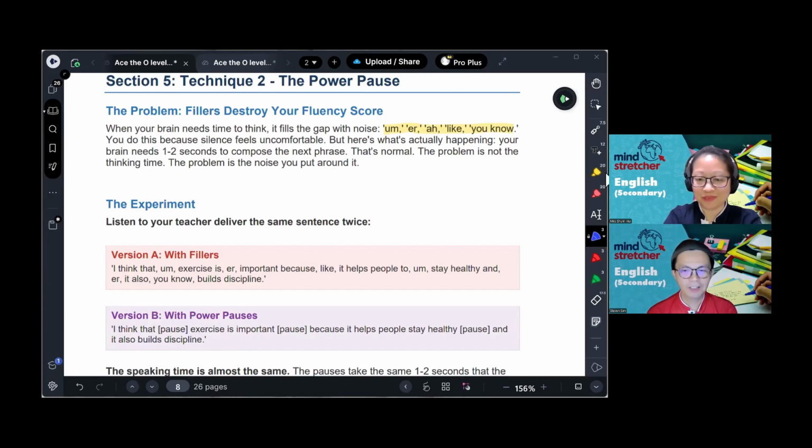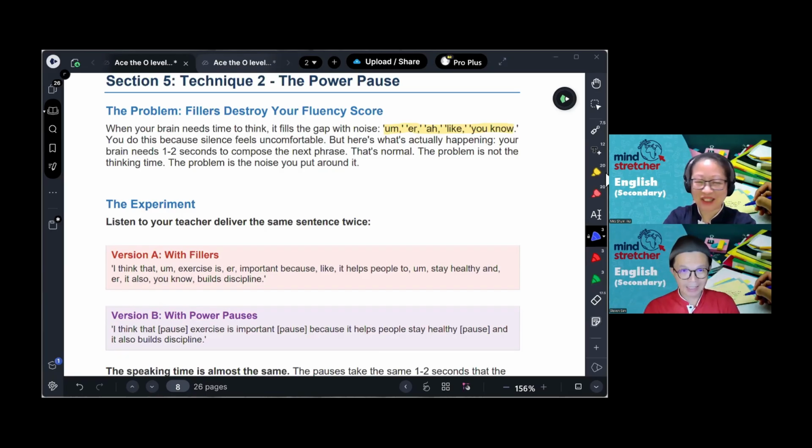So if I use the same amount of time, if I just keep quiet during those times when I need to think, it will be the same. It's still the same amount of time. It's just that I keep quiet instead of going "uh." Do you understand? So it's not that you cannot say "uh" and that you cannot say "like."